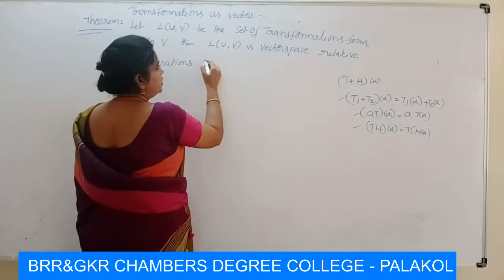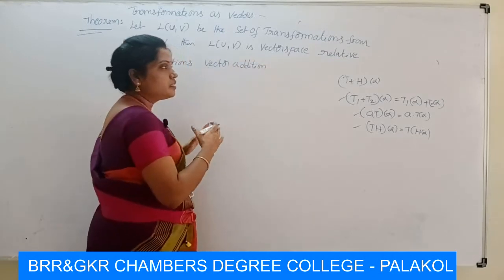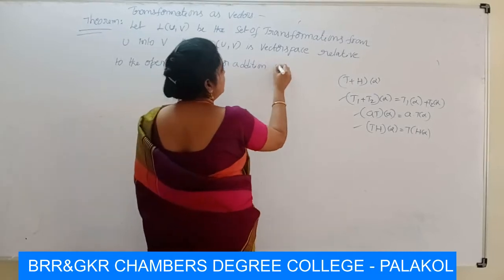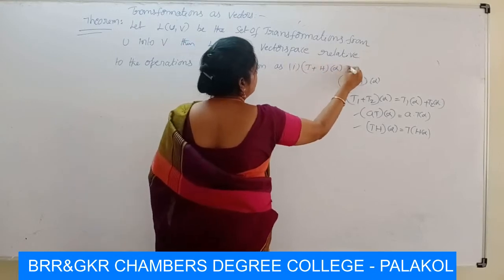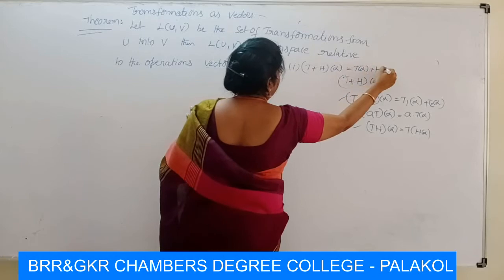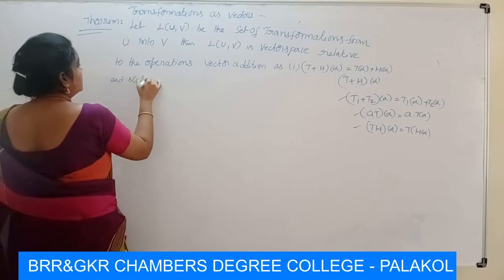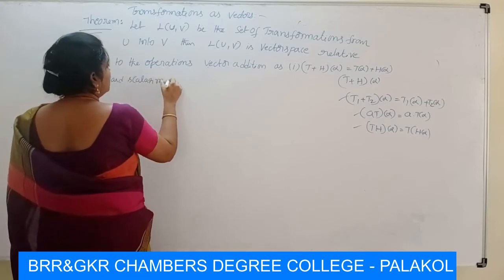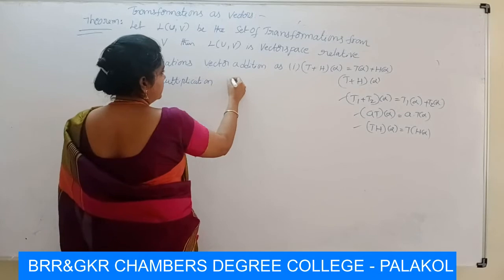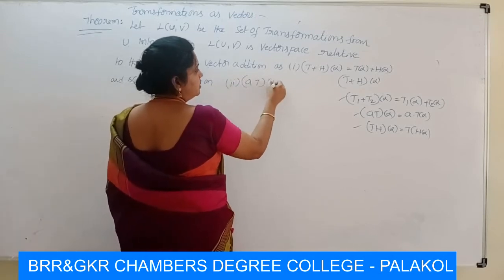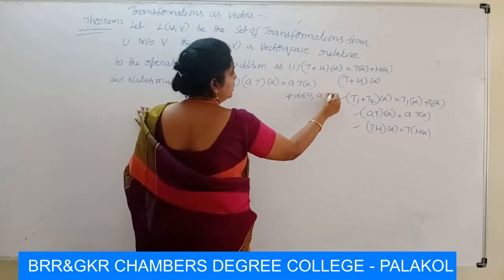The operations are vector addition, that means here we define it as sum of the transformations: T plus H of alpha is equal to T of alpha plus H of alpha, and scalar multiplication is defined as a T of alpha is equal to a into T of alpha for all alpha belongs to U and a belongs to F.